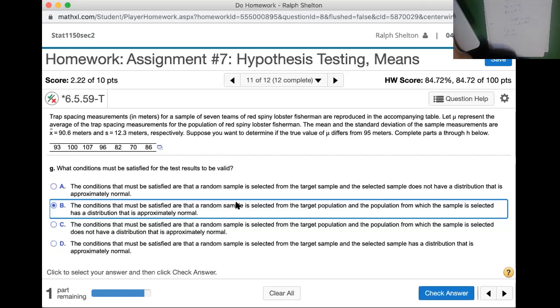We got to have a random sample from the target population, so it needs to be a representative random sample. And population from which it's selected has to be approximately normal. That's true because we have a small sample. If we had a large sample size, population wouldn't have to be normal because we could still do these statistics using the t distribution, the t-test. But here, so it's B.